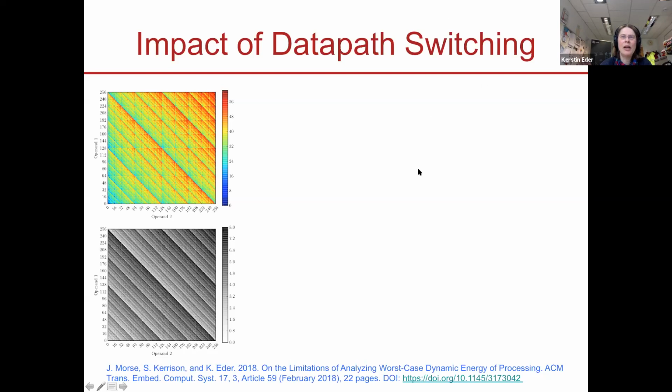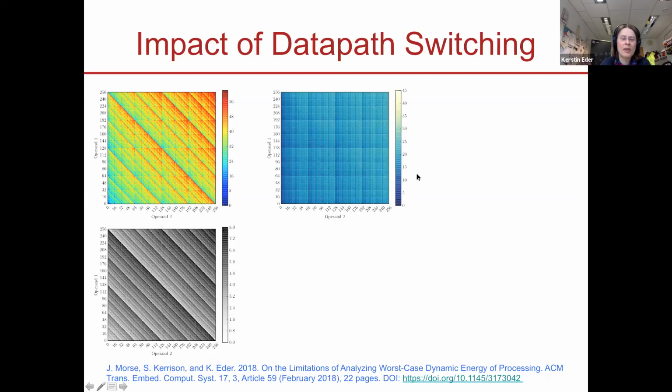Now, if I take the dynamic power in milliwatt for the add instruction as in the multicolored picture on the left, and I take off the output data path cost by subtracting the energy cost associated with the bits, assuming 4.4 milliwatt per bit, then I get an interesting pattern. That pattern is an underlying pattern of the original on the left-hand side, right? You can see these quadrants. And so that's interesting in itself.